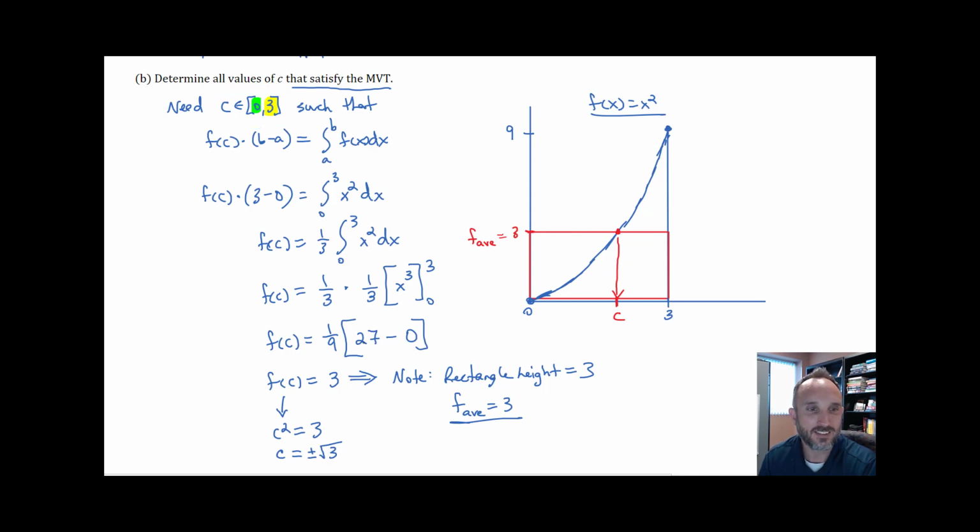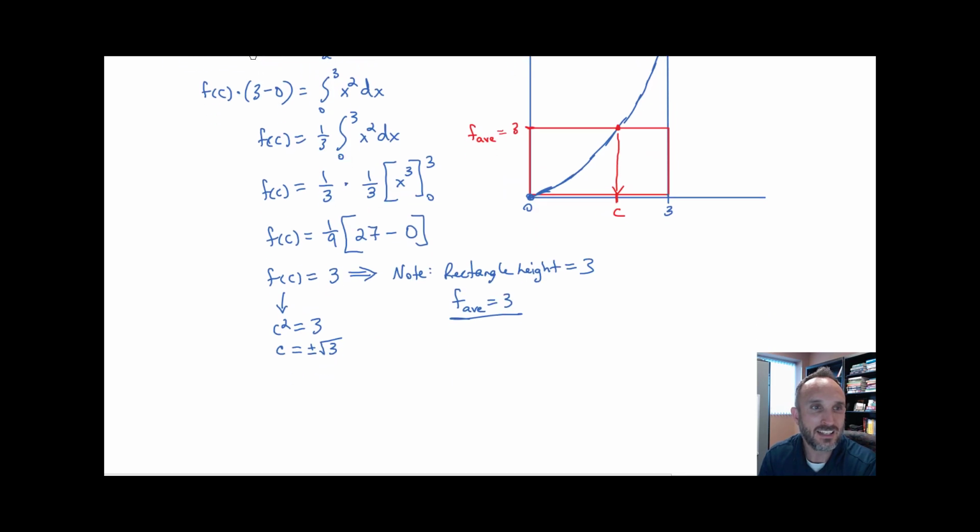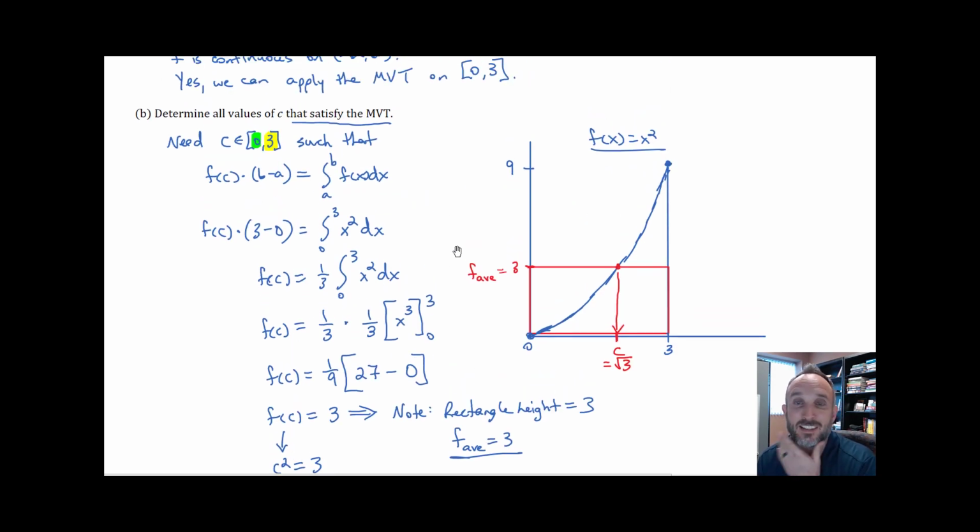So in this case, the only c that's between 0 and 3 is the positive square root of 3. And so this c up here in our picture is square root of 3. Now that makes sense because if we plug the square root of 3 into this function and square it, the output is in fact 3.